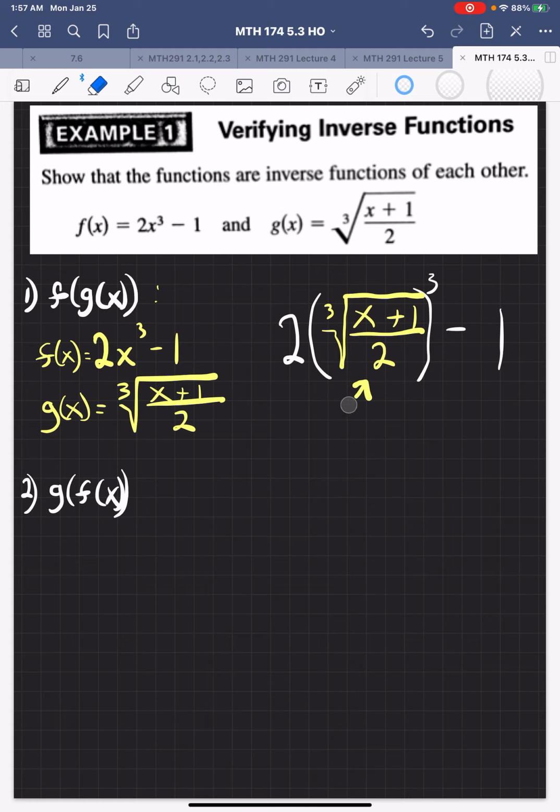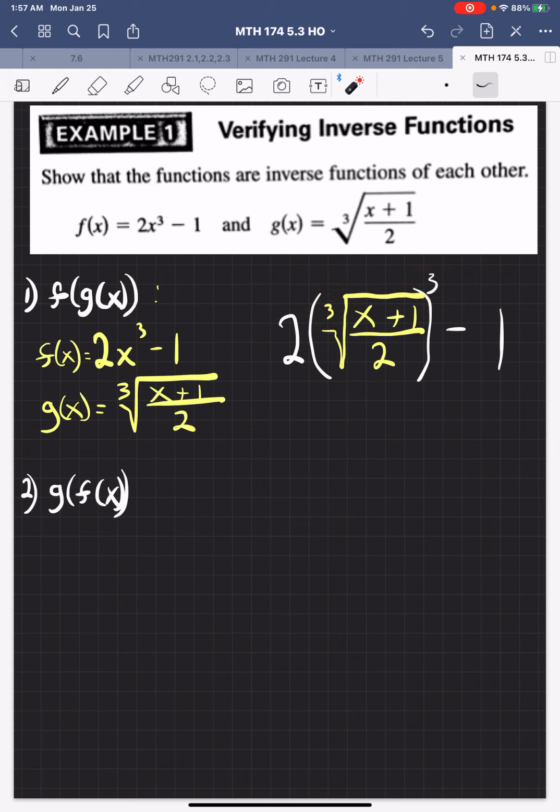All right. So at this stage we have formed the composite, and let's simplify it and see what's left. So look, if you cube a cube root, well, doesn't that make sense? That would undo.